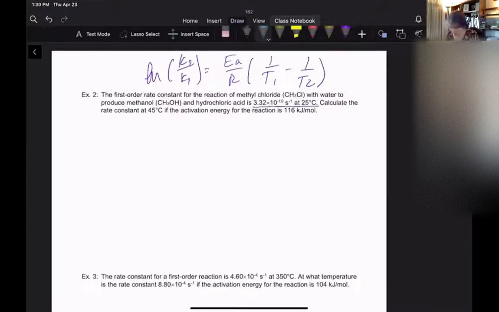I think about that top K. The way that I have memorized it would be to have that be the second temperature with a negative sign here. But in your textbook, they're keeping it positive here with the top K matching the first temperature.